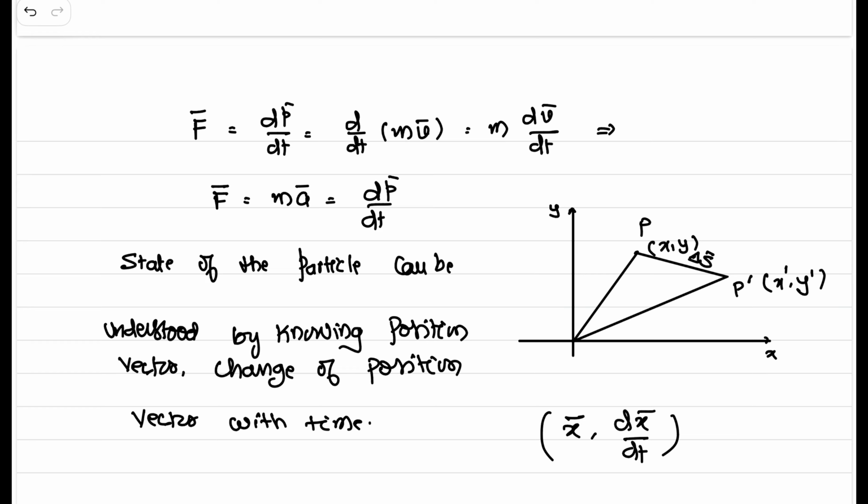Both have direction. So we can understand that at a particular point of time P is moved to P dash, and we can define P and P dash from this knowledge. And once we know P and P dash, we can understand what displacement has taken place, the change in displacement.